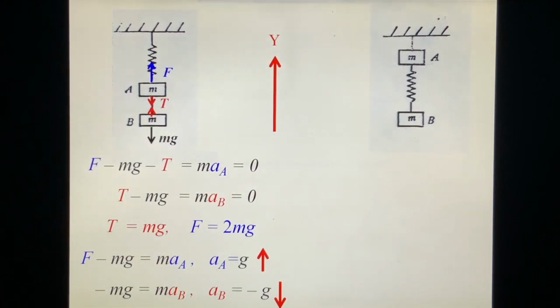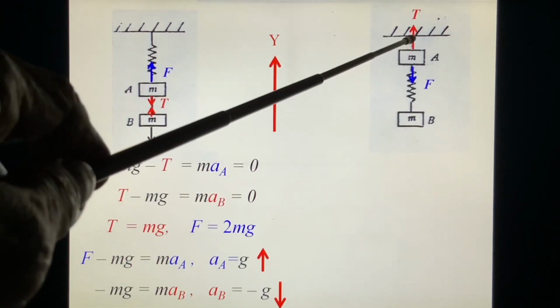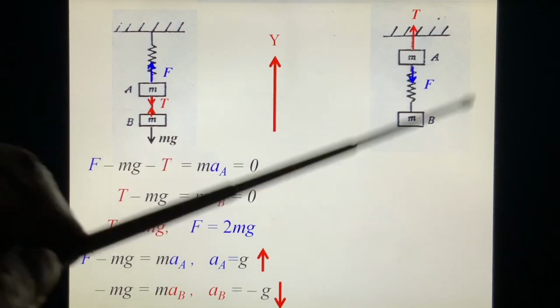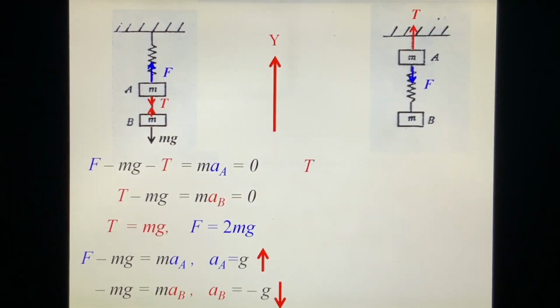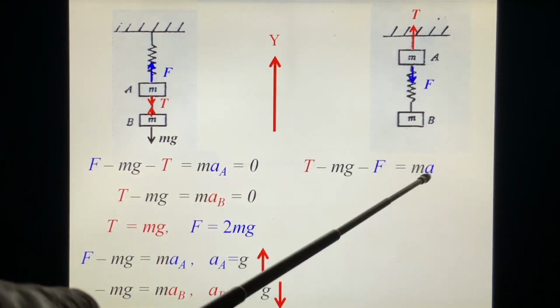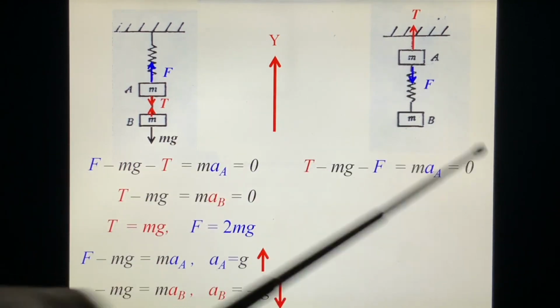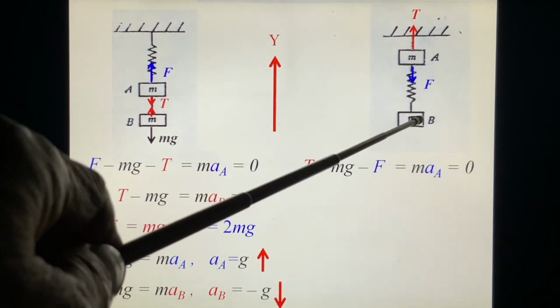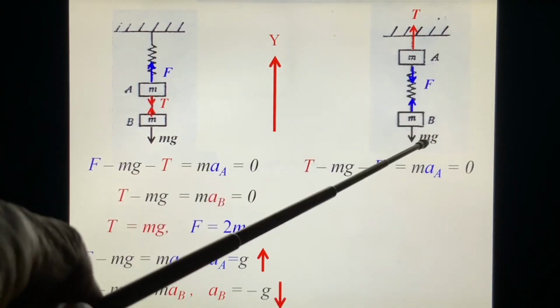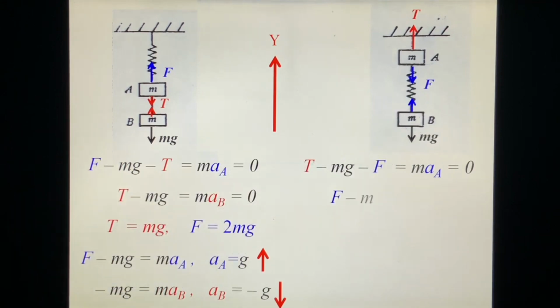Look at block A. You have T from the cord, F from the spring, and mg from the earth. So we see T minus mg minus F equal to m·aA, equal to 0. Look at B. You have the same, F minus mg equal to m·aB.